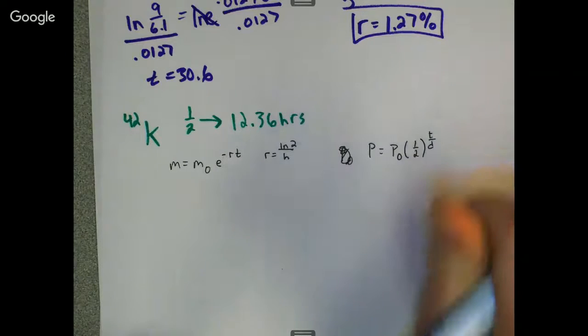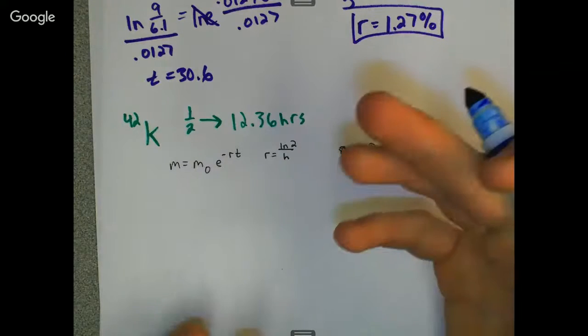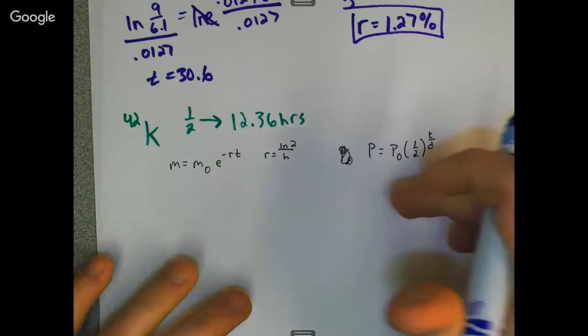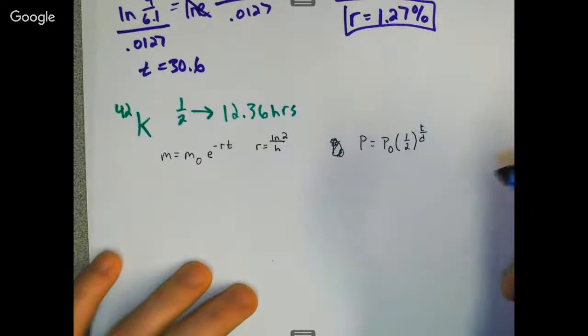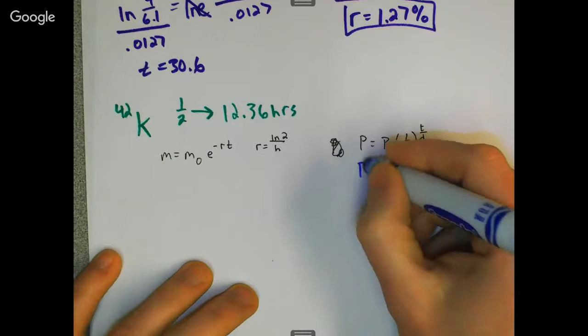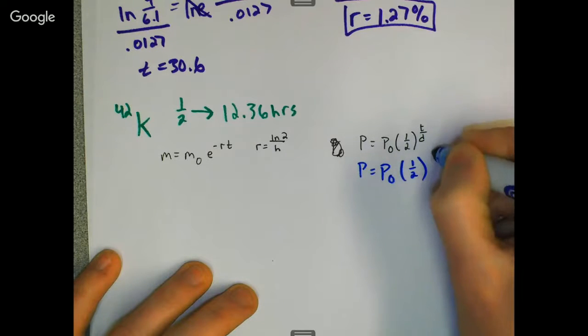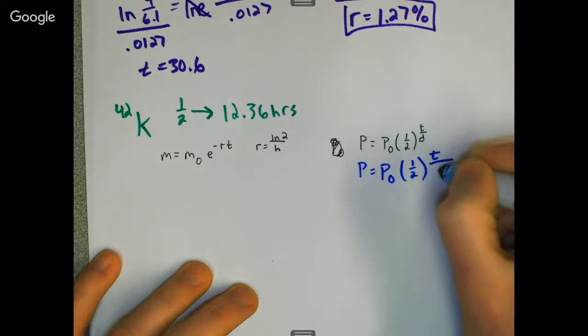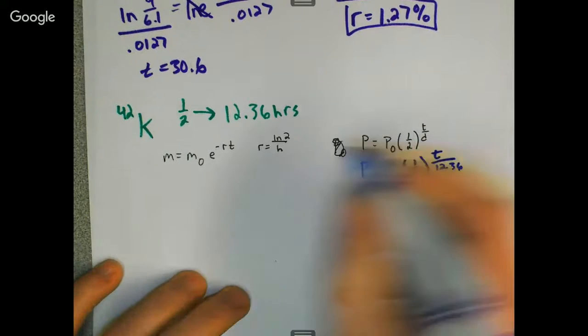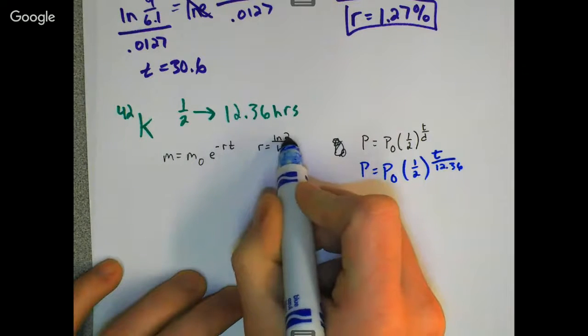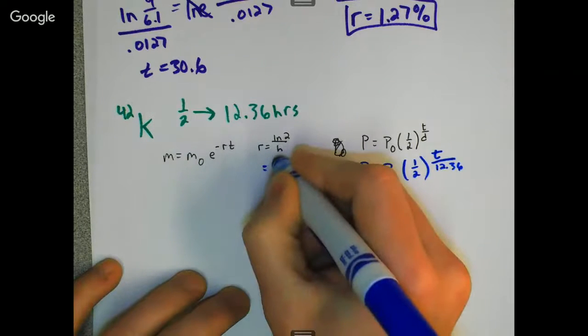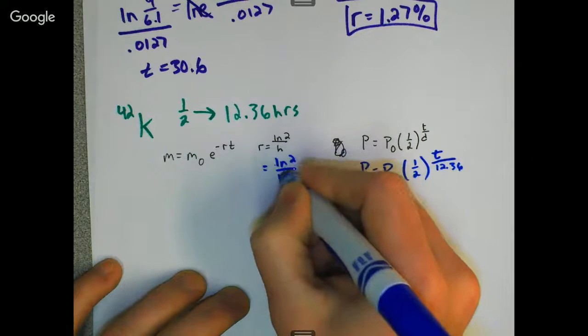Okay, so the first thing I need to do is find my rate. I need to plug in my 12.36 hours in here. So this one will be P equals P naught times 1/2 to the t over d, which is your decay rate. So 12.36. So that one's done. Here we've got the ln2 over h, which is ln2 over 12.36.